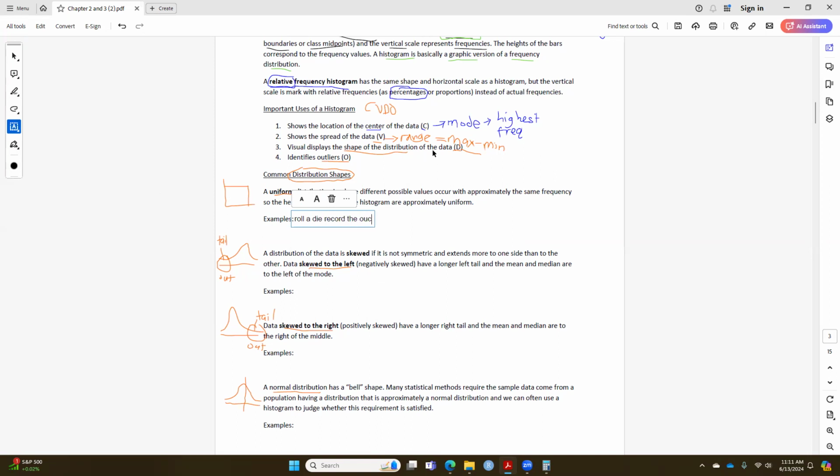Now you know that when you roll the die, the outcome can be 1, 2, 3, 4, 5, 6, right? So let's say you roll the die 1,000 times. Okay, a lot of times. So you take a die and you roll 1,000 times, and every time you roll, you record what the outcome is. I guarantee you that your histogram will be a uniform shape.